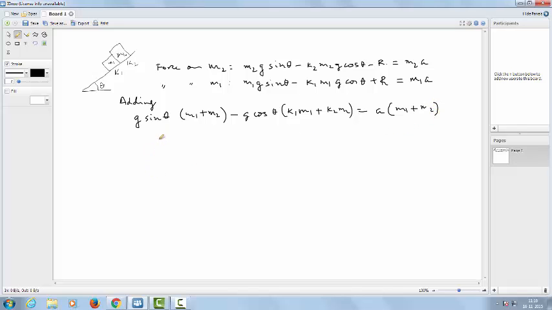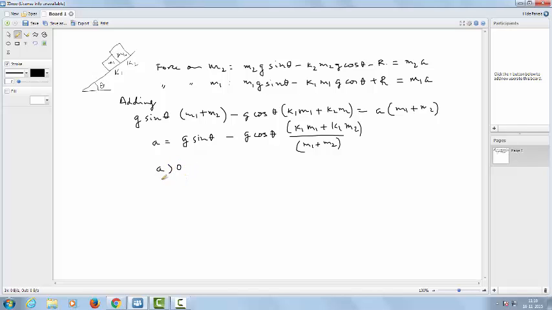So we can write the acceleration as equal to g sine theta minus g cosine theta times k1 m1 plus k2 m2, divided by m1 plus m2. Now the blocks will start sliding when a is greater than 0.